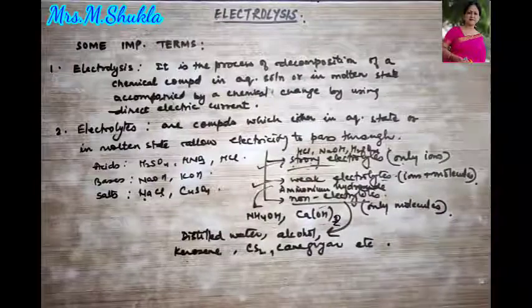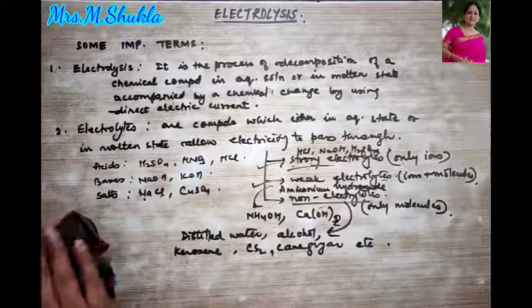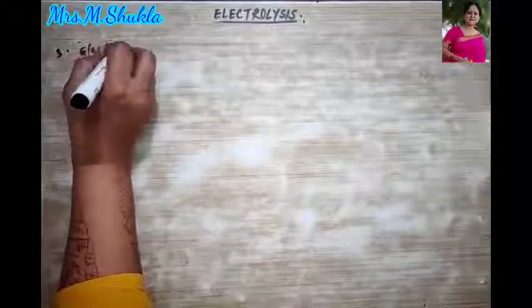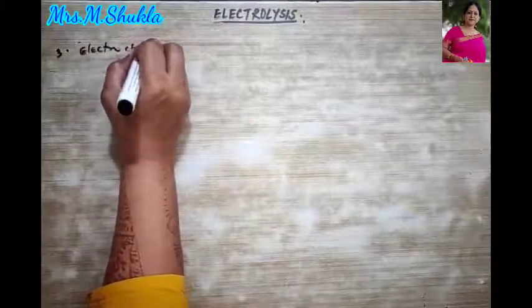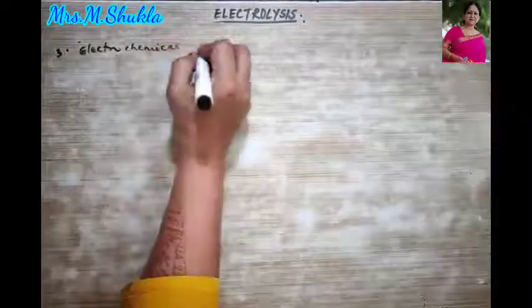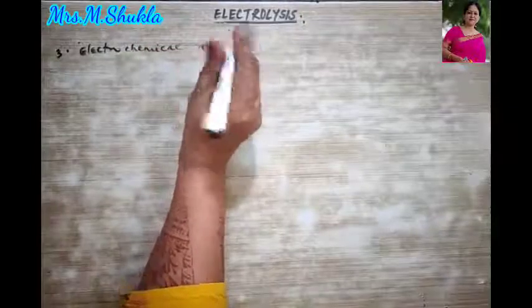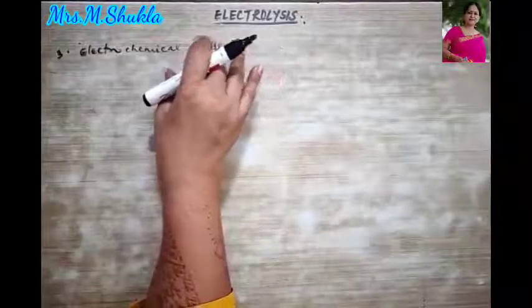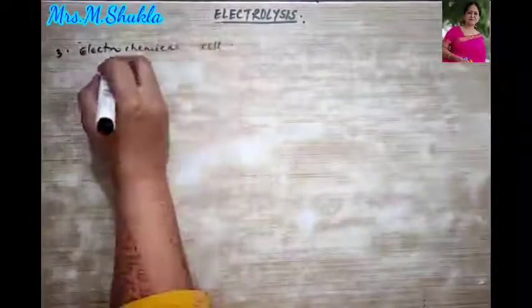The next term that we are coming across, the third one, is the electrochemical cell. It is a device which is used to convert chemical energy into electrical energy.